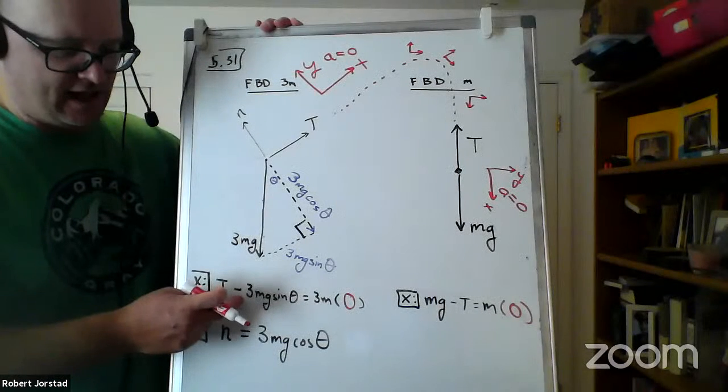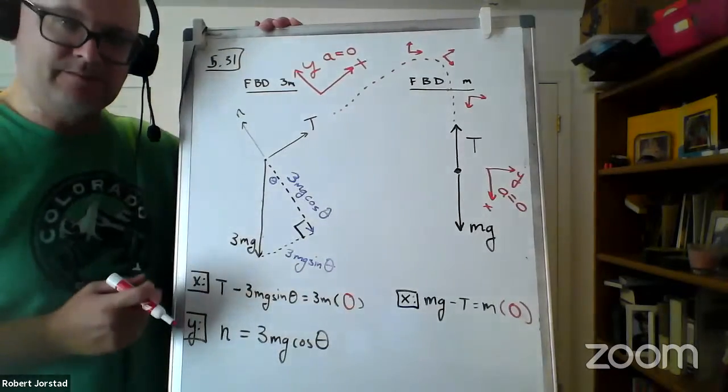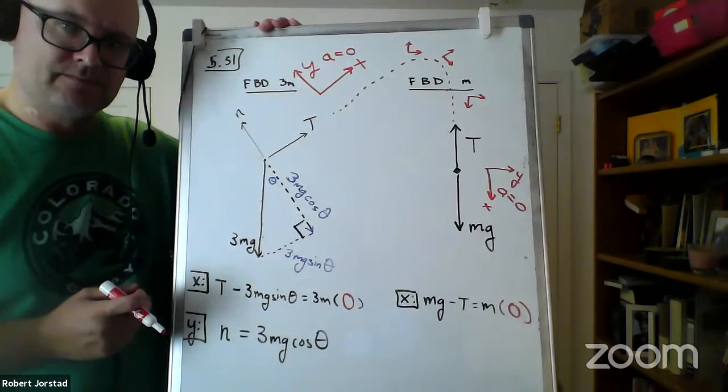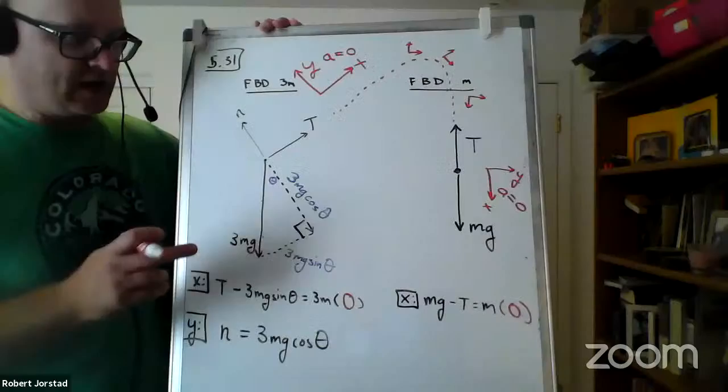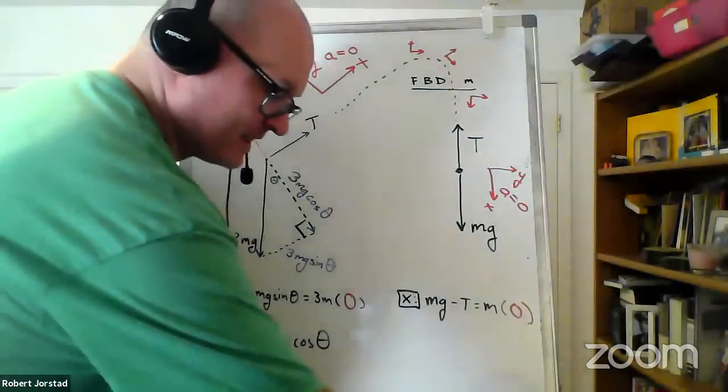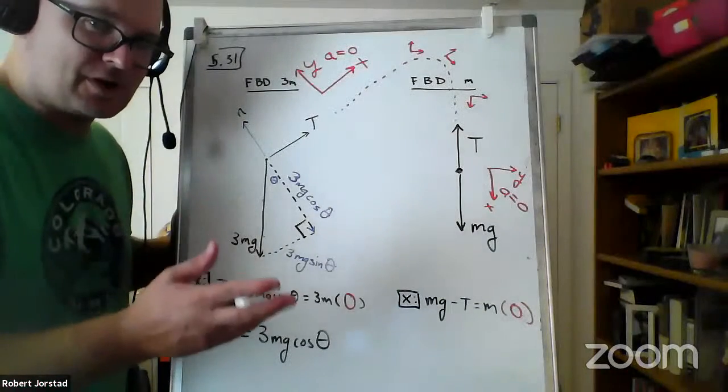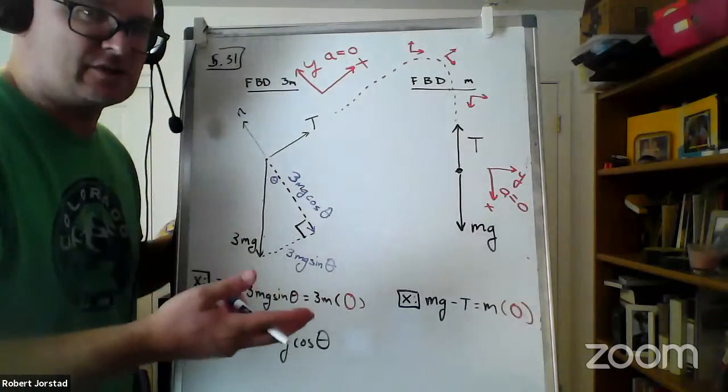So I got x is 3 mg sine theta plus tension equals 0. Which I believe you mean negative 3 mg plus T? So we've got to be careful here. This is where we want to focus. On this particular problem, you could be pretty loosey-goosey.